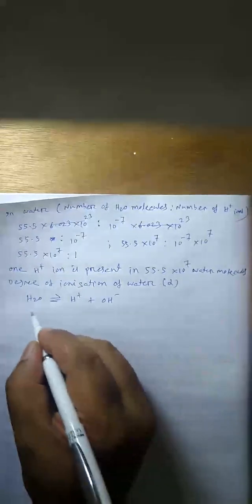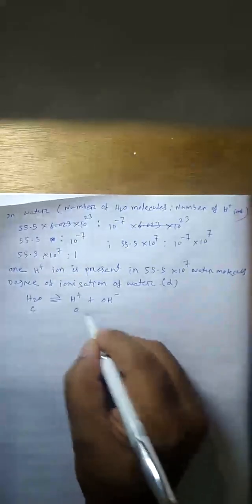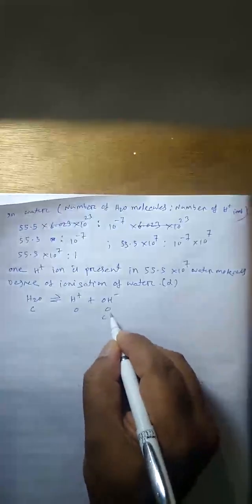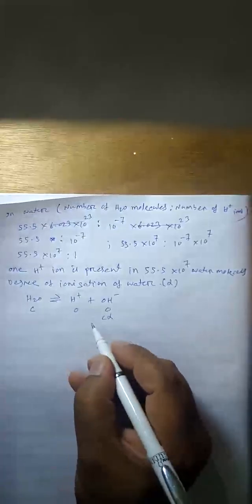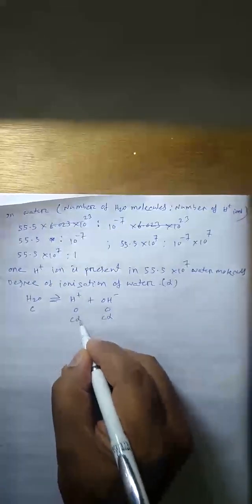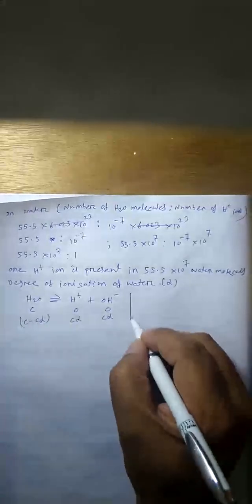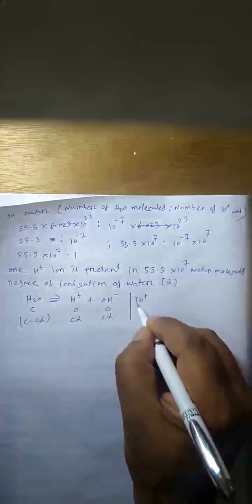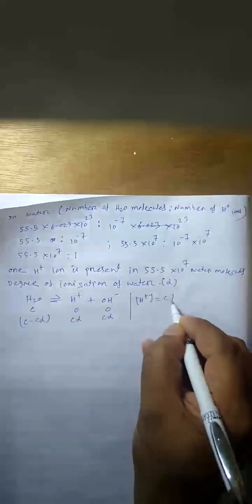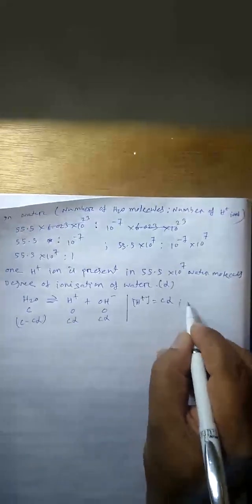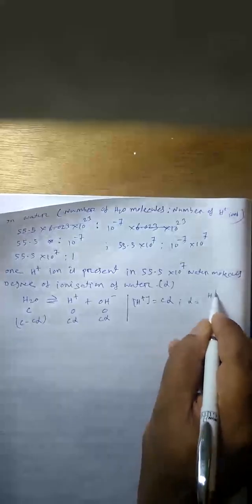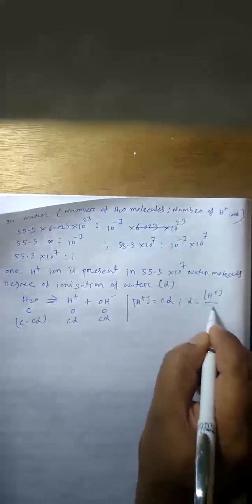Suppose initial concentration is C, 0, 0. Suppose it dissociates C alpha, C alpha, and C minus C alpha remains. That means H plus concentration is equal to C alpha. Then alpha is equal to H plus concentration divided by C.